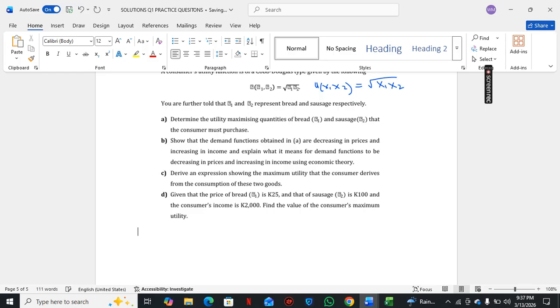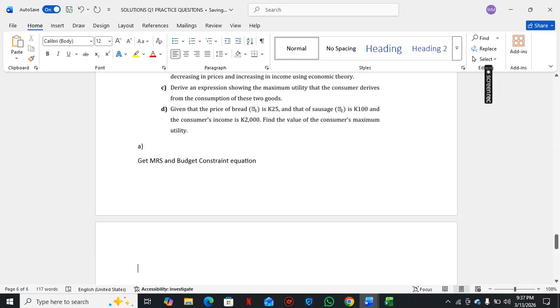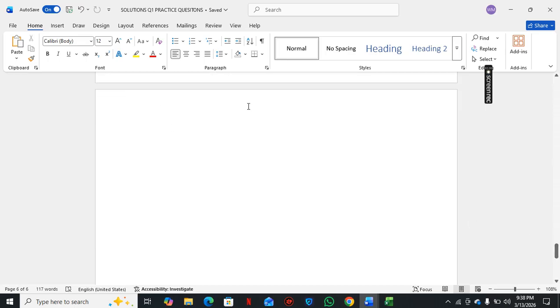So part A. We'll start with the budget constraint equation. Colleagues, a budget constraint equation is just showing you the quantities of goods you can buy with the income that you have.